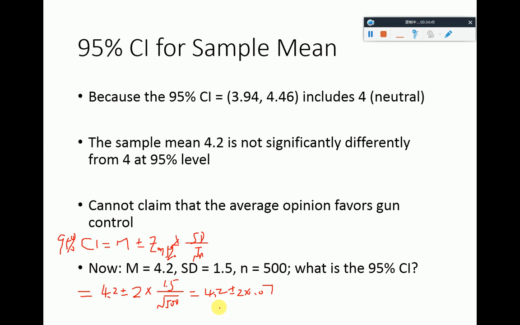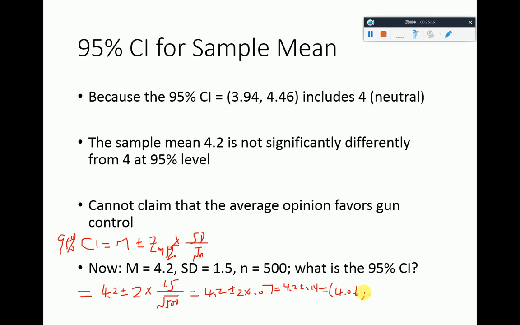So this equals 4.2 plus minus 2 times 0.07, which is 0.14. So that means the lower bound of this interval will be 4.2 minus 0.14, that will be 4.06.